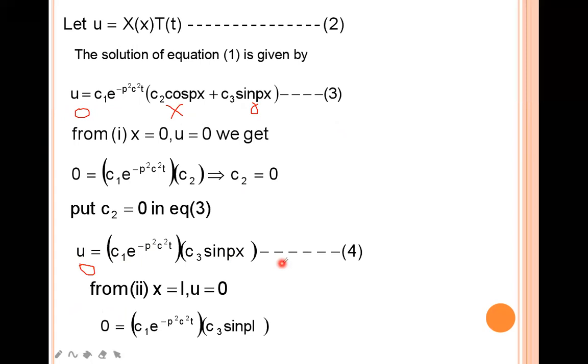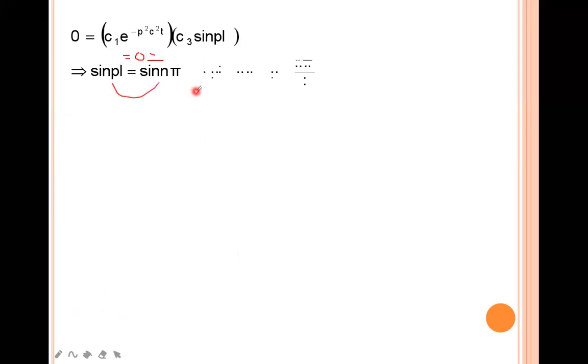Therefore sin pL equals 0. In case of the sine function, sin n pi is 0. Comparing these two, p equal to n pi by L.